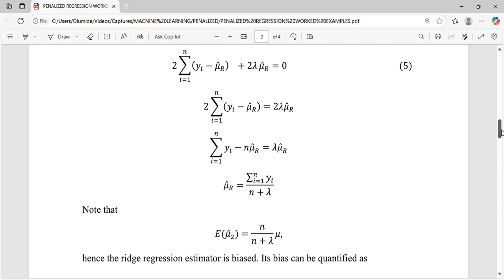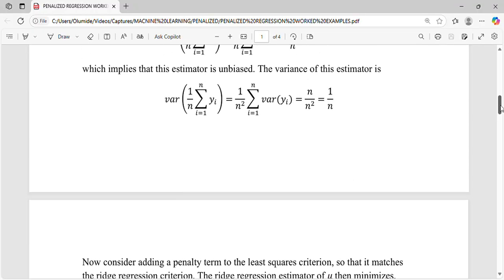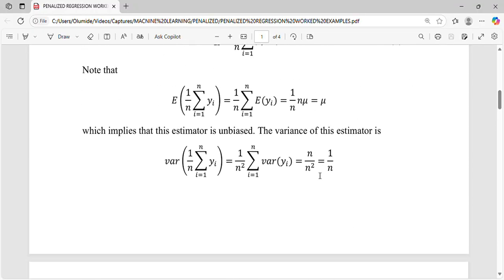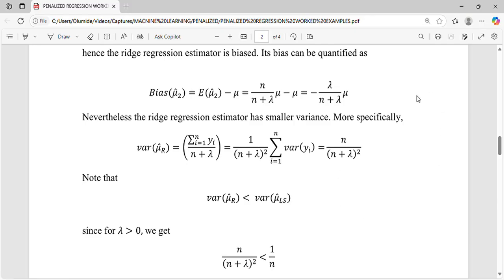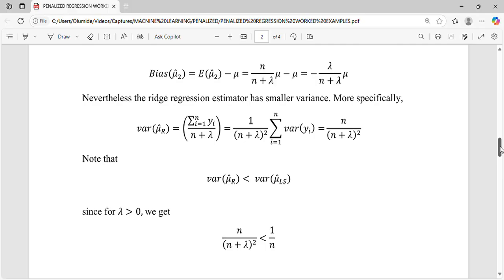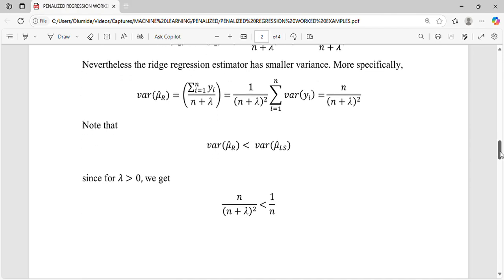Now let's look at the variance for the least square. You can see that it is 1 over n, and mathematically the ridge variance is actually less than this. Therefore, for lambda greater than 0, we get this, which is less than that.